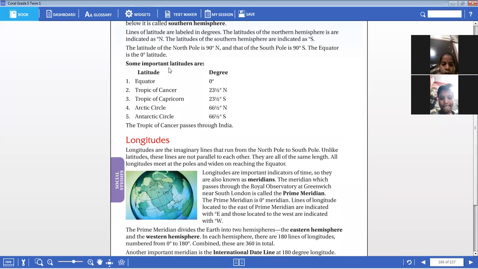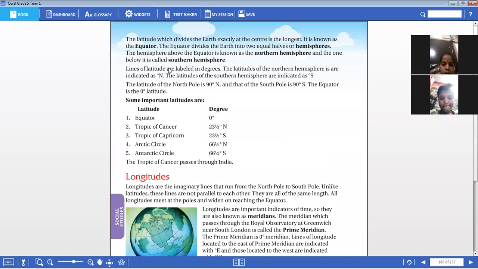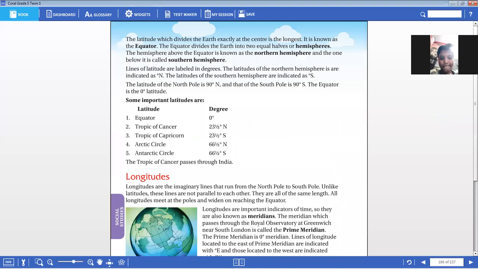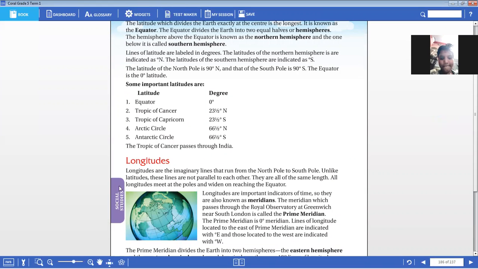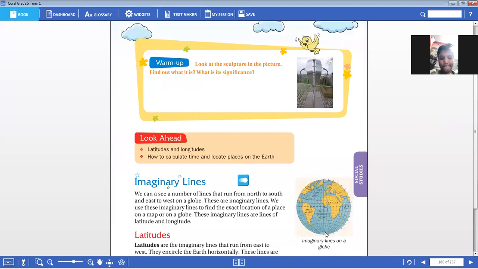Okay, let's start. The latitude which divides the earth in the center half is the longest one. On the previous page we said that from bottom to top, the length will increase. The center line which divides the earth into two halves is the longest latitude, children.